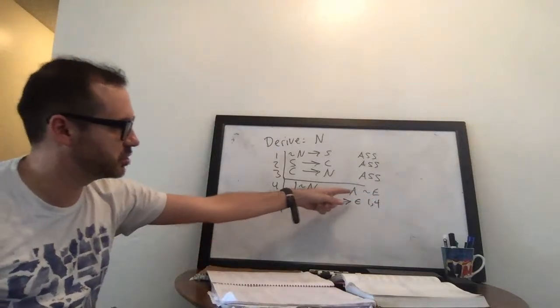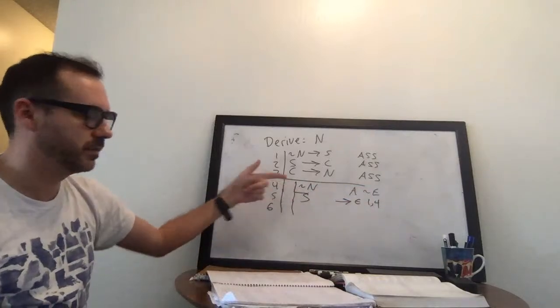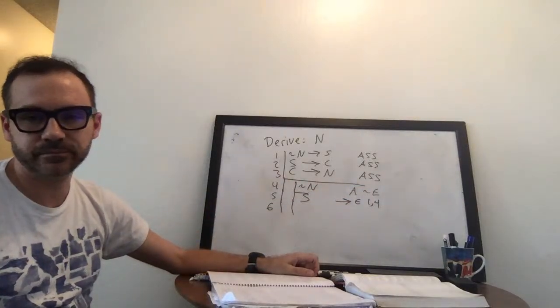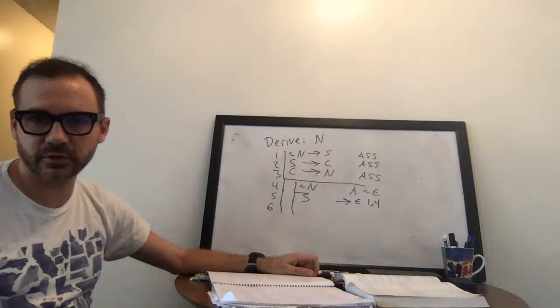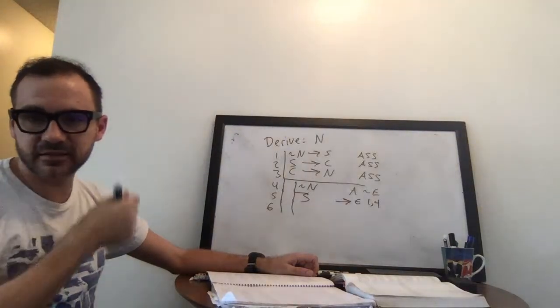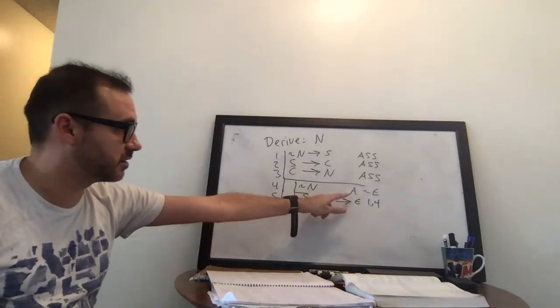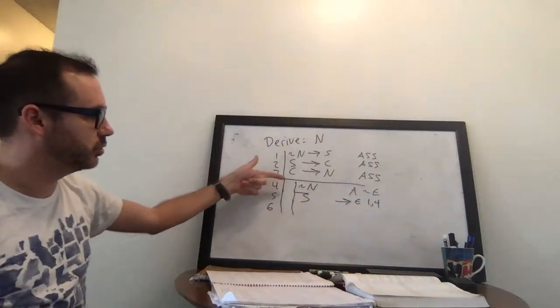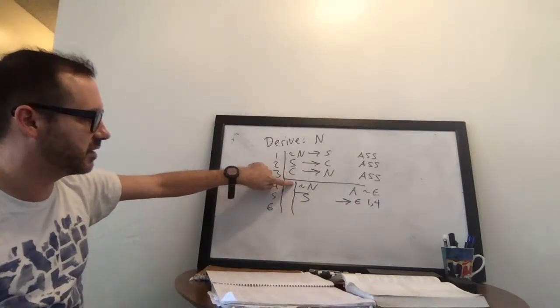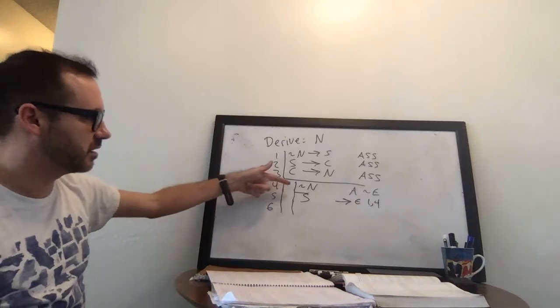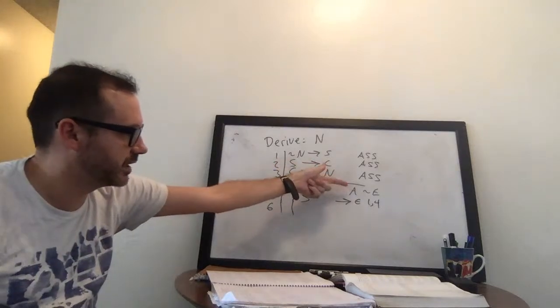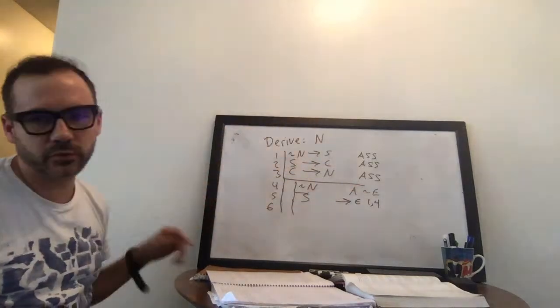So, assumption for negation elimination. That is why we have tilde N. So hopefully this answers your question, Brenda. When you open a subderivation, when you create the second vertical line like this, subderivation rules have to start with letter A and then the name of the rule.